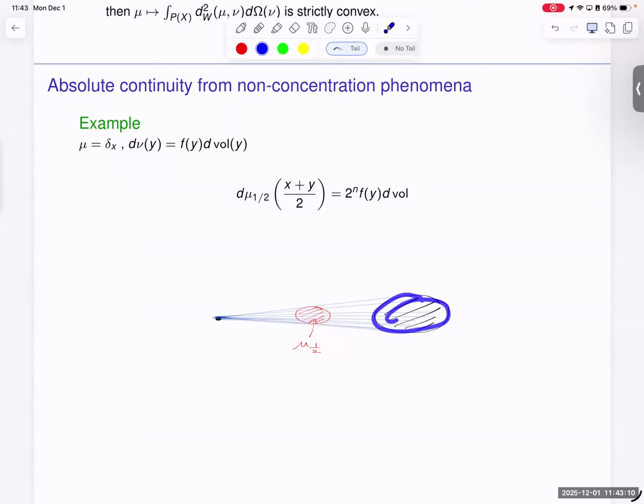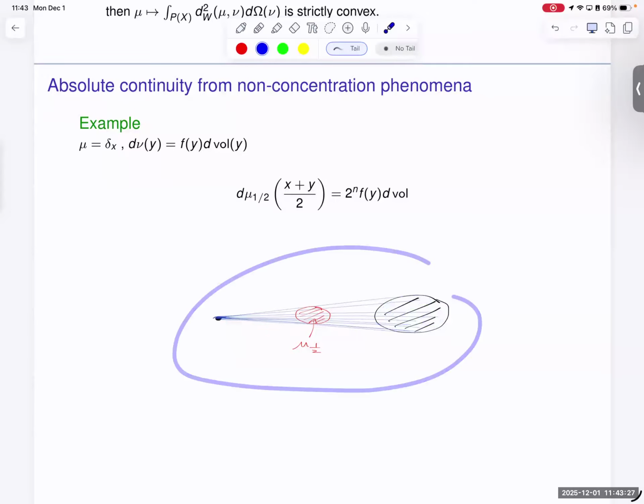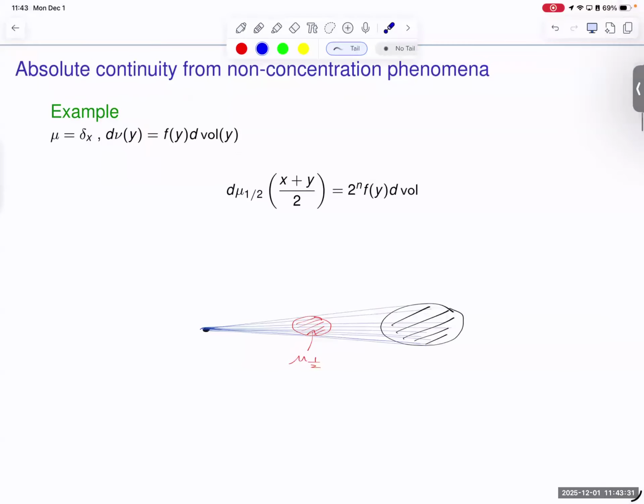And if one is an absolutely continuous measure, like this ball, and the other is a very singular measure, like this Dirac, even though this measure is very singular, if the other end is absolutely continuous, then as you see in this picture, the measure in the middle is still absolutely continuous.